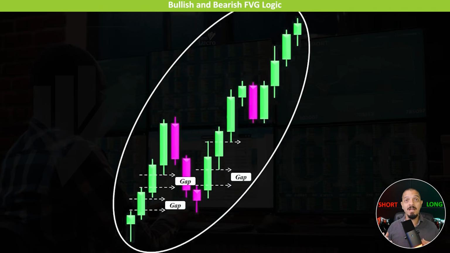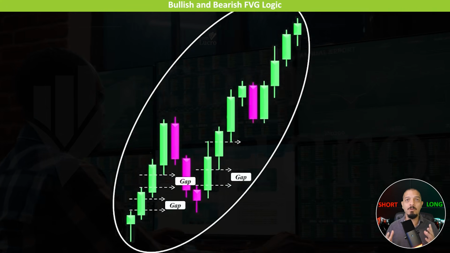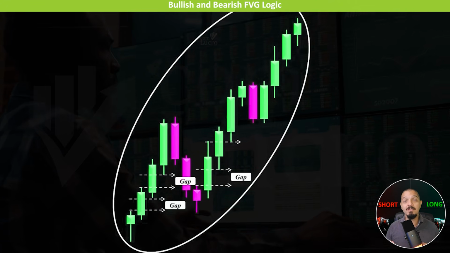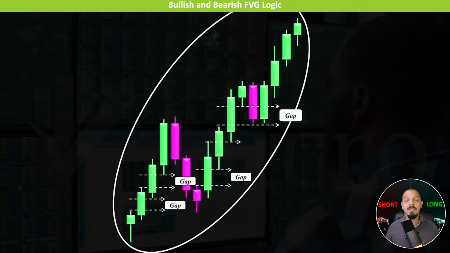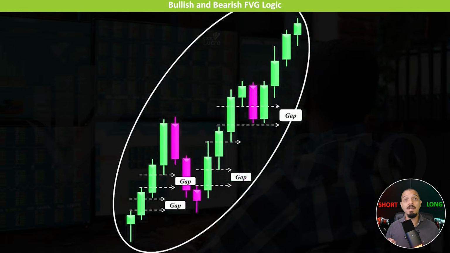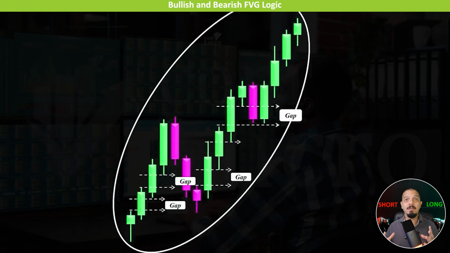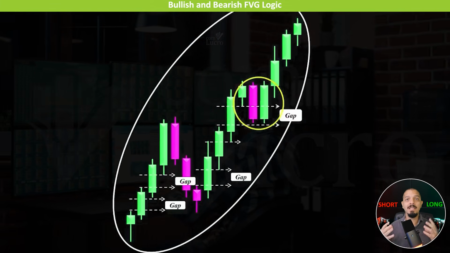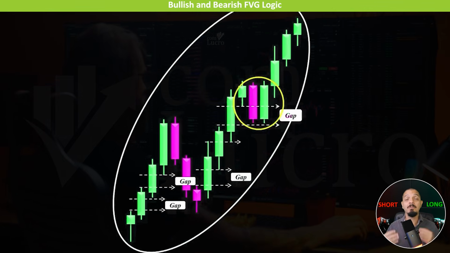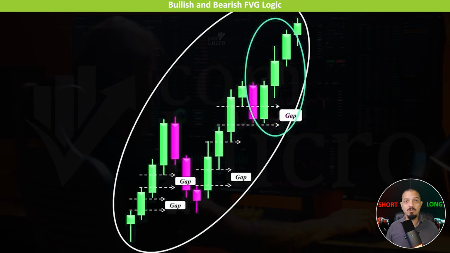But when we draw the lines again, there is no gap between the candles, meaning there is no fair value gap to identify. Once again, if we consider these 3 candles and draw lines from the upper wick of the first candle and the lower wick of the last candle, we see that there was a gap between the candles, which is mitigated and rebalanced by these 2 candles.